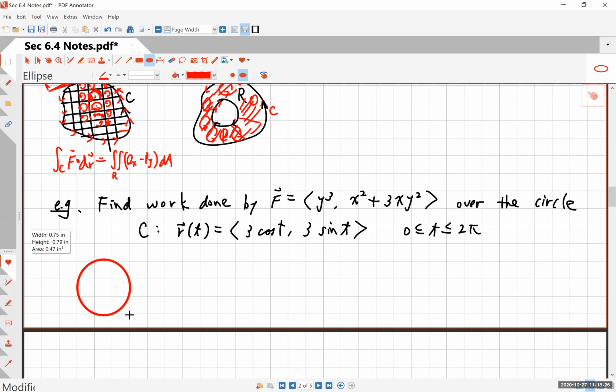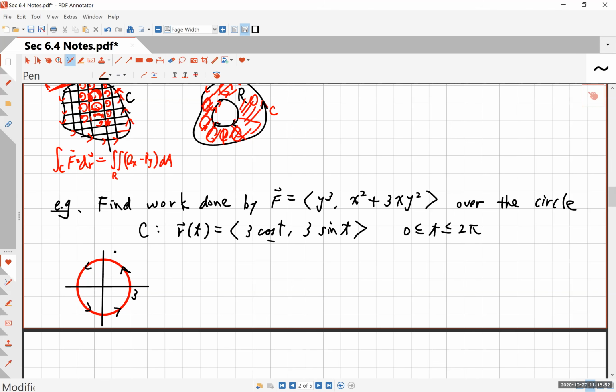You have a circle of radius 3, conveniently drawn. Let's go ahead and draw this. With t going from 0 to 2 pi, it is, of course, oriented counterclockwise.